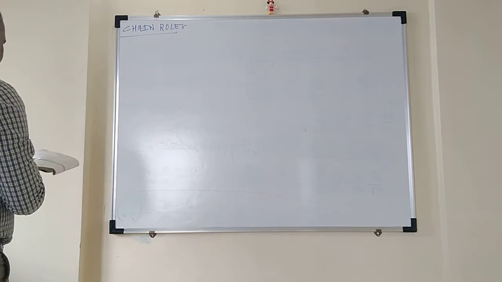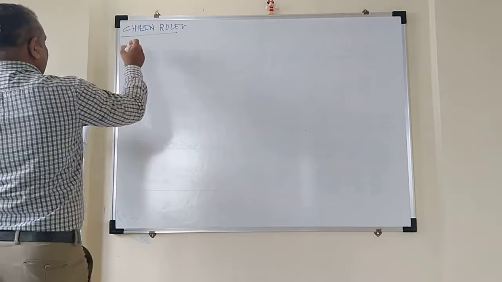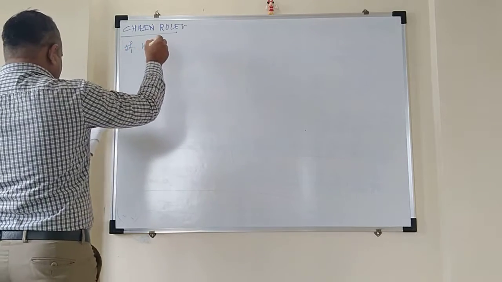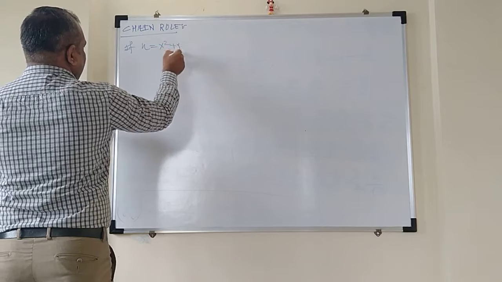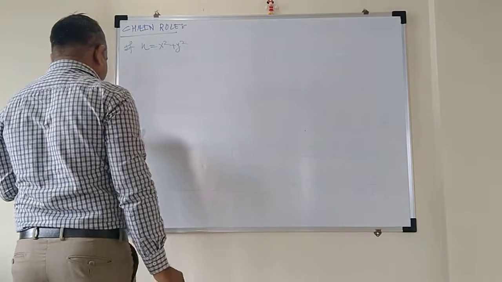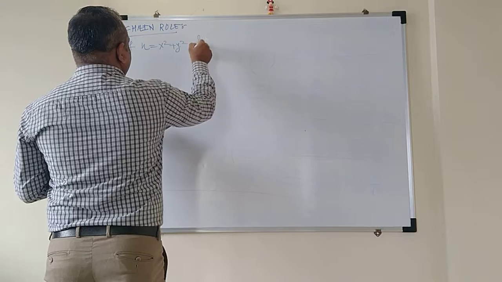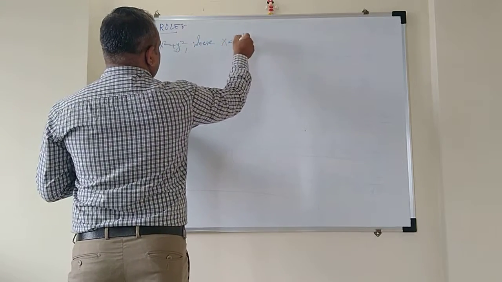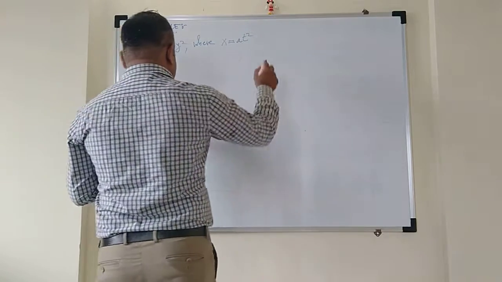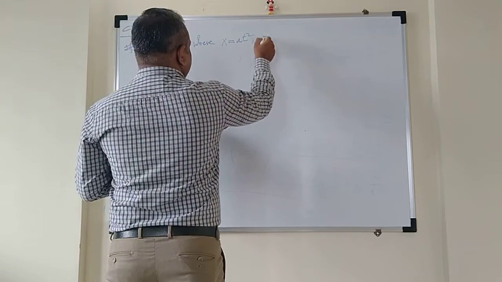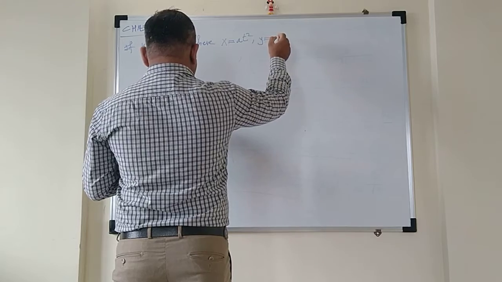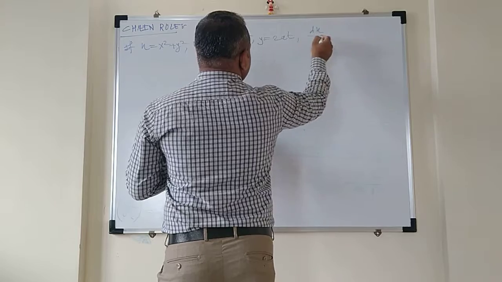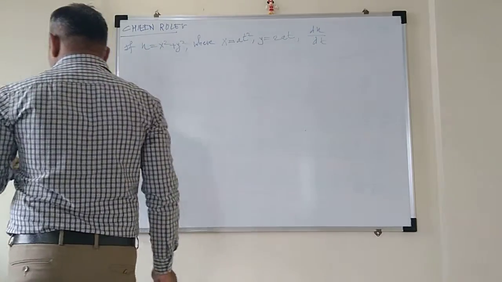The first problem based on the chain rule is: if u is equal to x square plus y square, where x is equal to 8t square and y is equal to 2 8t, then we have to find du by dt using the chain rule.